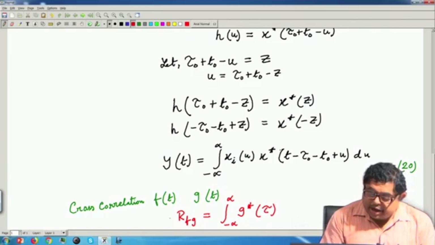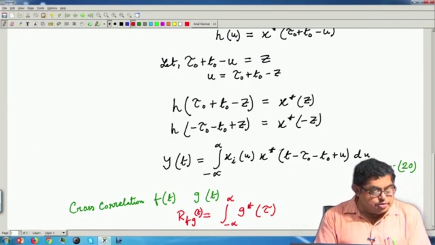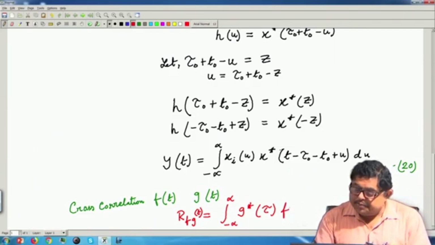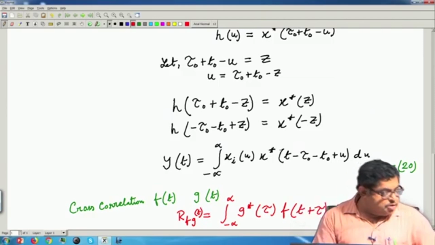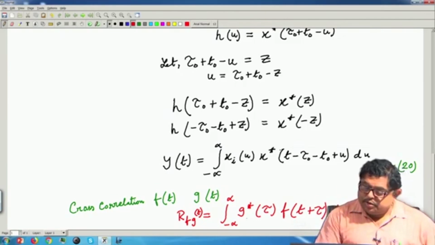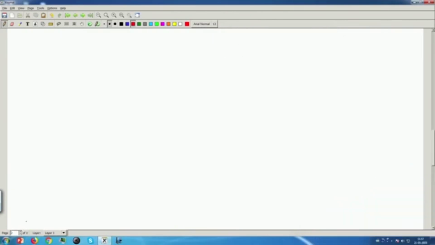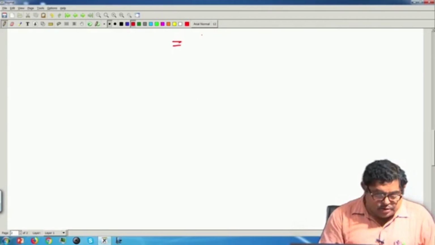Now, this R f g is a function of time, so that is why the running variable we are changing: G star tau f of t plus tau d tau. Or if you want, conjugating the other, you can also write what we wrote previously.